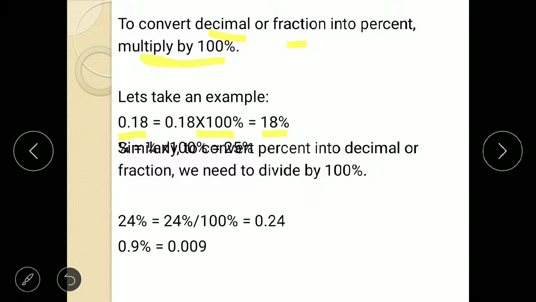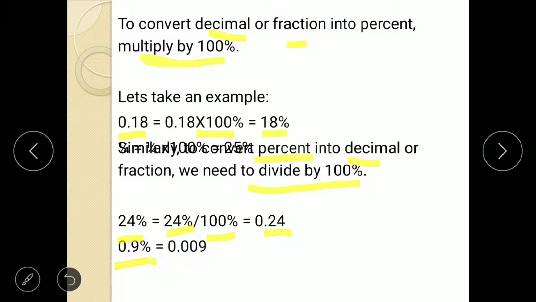Similarly, when we have to convert percent into decimal, we'll divide by 100%. This is to be remembered: when we convert from percent to decimal, it is to be divided by 100. Let's take an example. 24% divided by 100% is 0.24. So 24% is nothing else but 0.24.